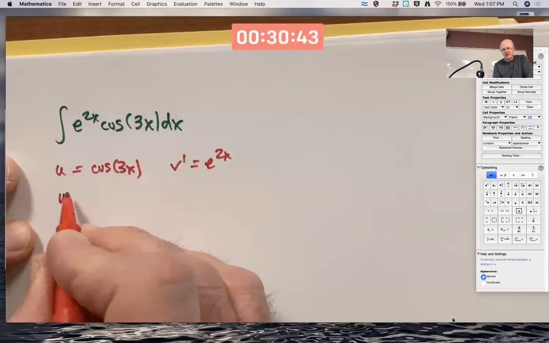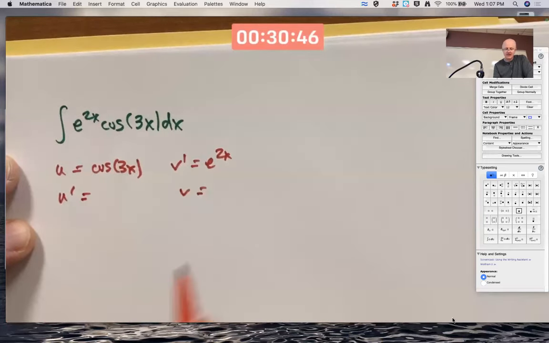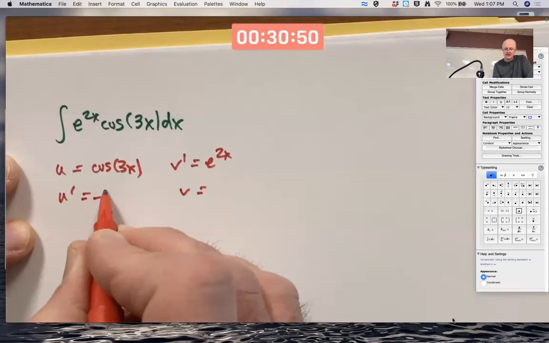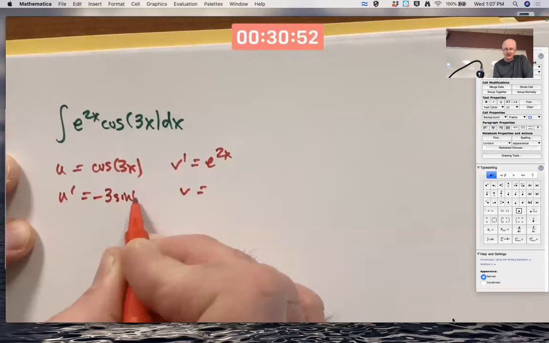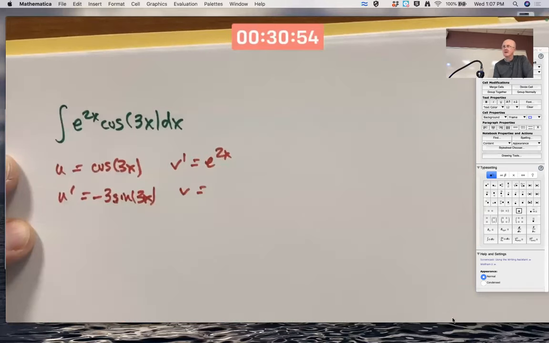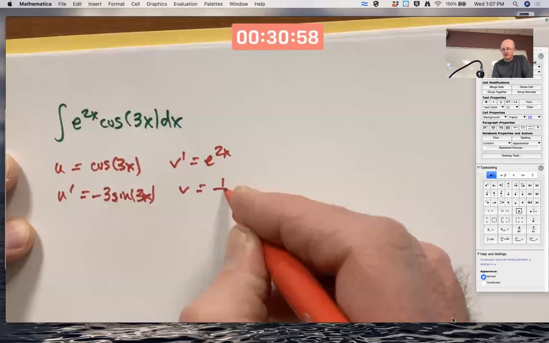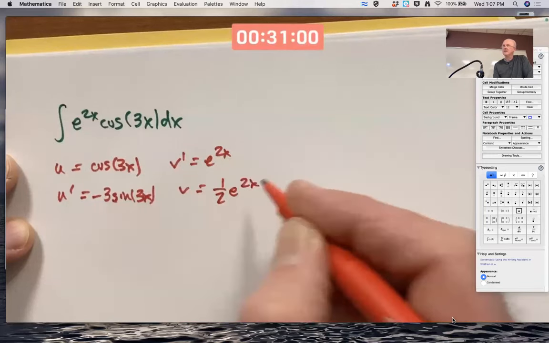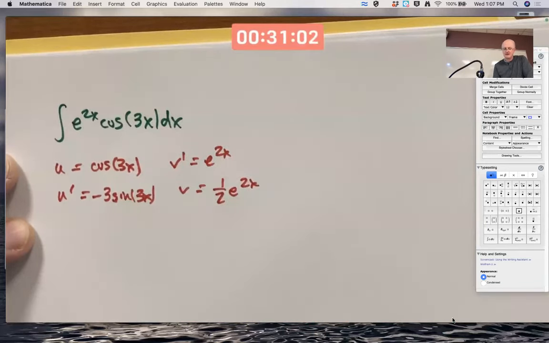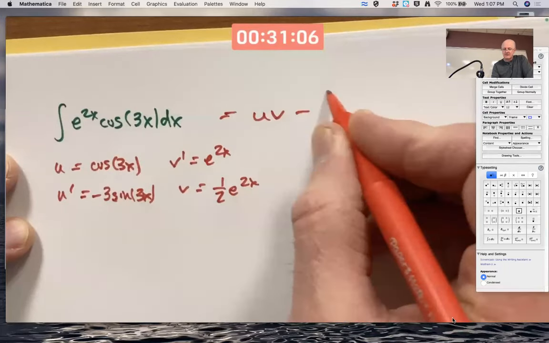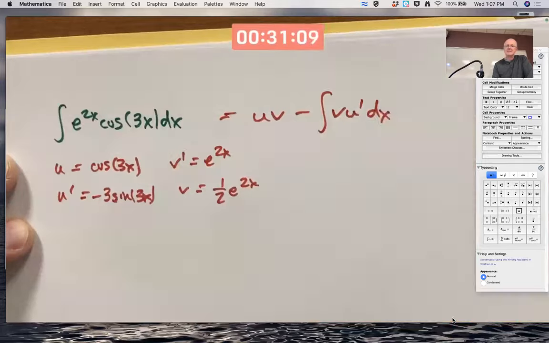Once we've got u and v prime, we need to find u prime and v. Differentiate u to find u prime. You're going to get a negative 3 sine 3x, right? Chain rule again. Integrate e to the 2x. Now I'm going to get a positive 1/2 e to the 2x. uv minus the integral of v times u prime with respect to x.